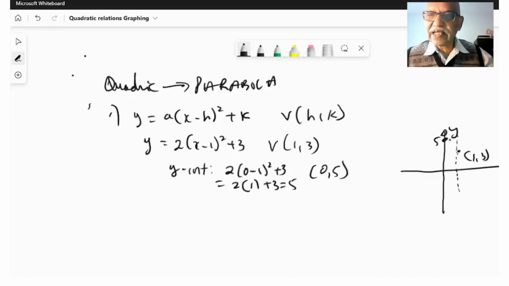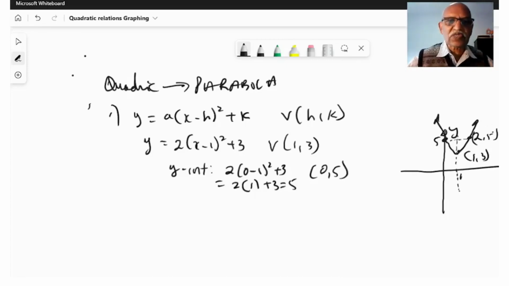So I go exactly the same number of units from here to the other side. Since this is 1 for x, I add another unit to the x coordinate of the vertex, which gives (2, 5). So I need just 3 points. Yes, this is sketching of the parabola. This is when it's given in vertex form.